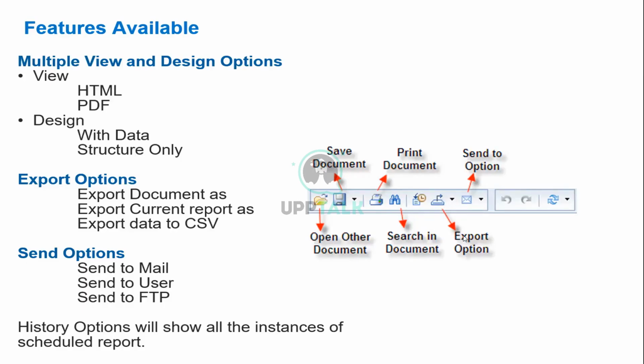This option is for export. If you click on it, it will ask which page we want to export. Do we want to export the total report or only the first page or second page, I mean first tab or second tab? Do we want to export in the format of Excel or PDF? There are some options available to export.